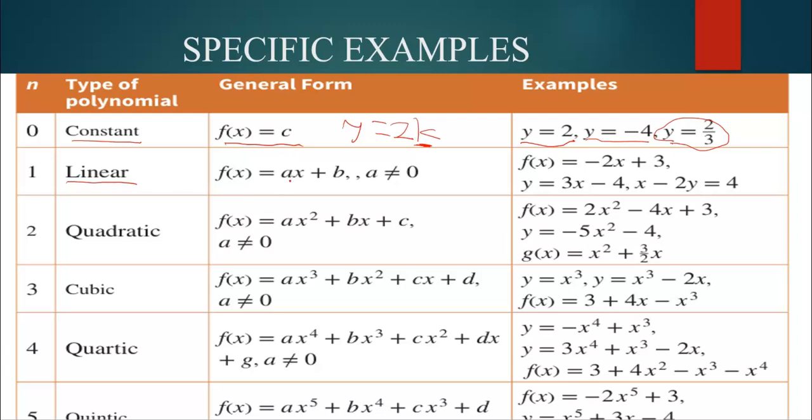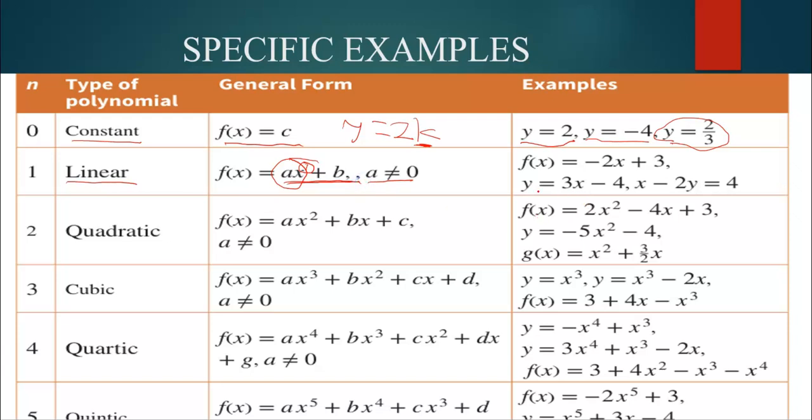We can also have a linear polynomial. A linear polynomial is of this nature. It has the independent variable, which is our x, having a degree of 1. So a cannot be 0, because when a is 0, you will not have this. So this is the general form of a linear polynomial.